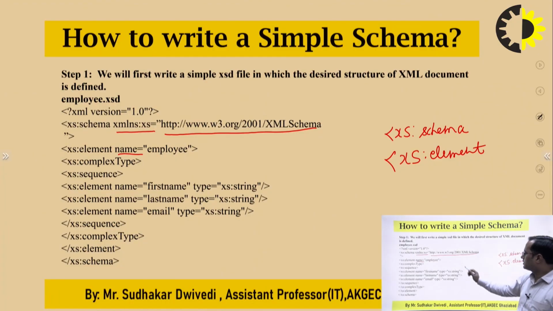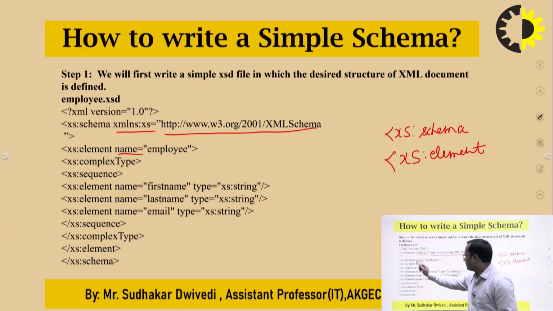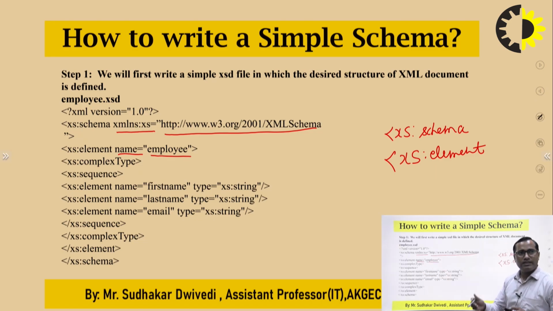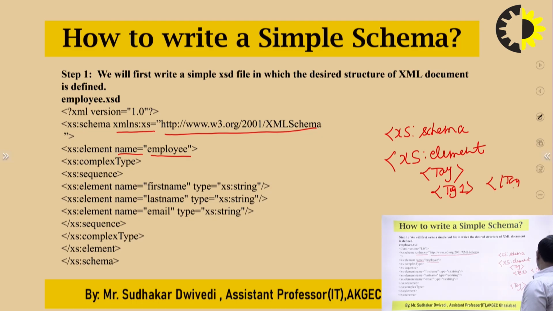The first element is represented as an xs:element, and its name, provided by the name attribute, is employee. But inside this employee element, as we have seen, there are three elements. That means inside this tag there is more than one tag, so it is considered a complex type, because it may have data of different types and it has some sequence.